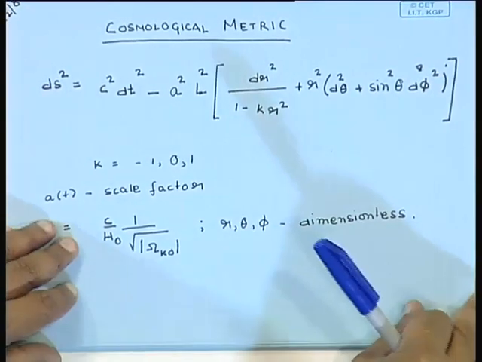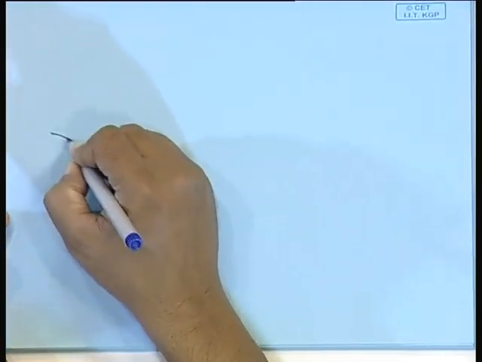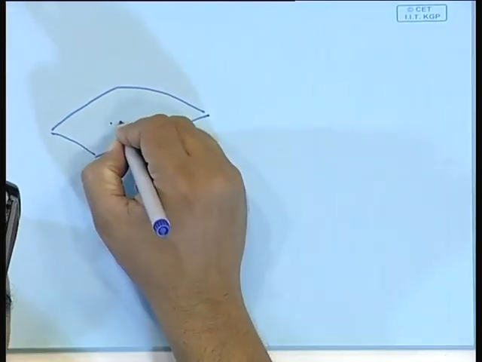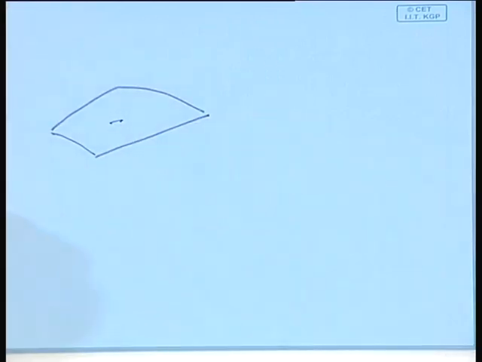Let us first ask the question: we have this space which has these coordinates r, theta and phi. On this space, I have 2 neighboring points with different coordinates, and the question is, what is the comoving distance between these 2 points?